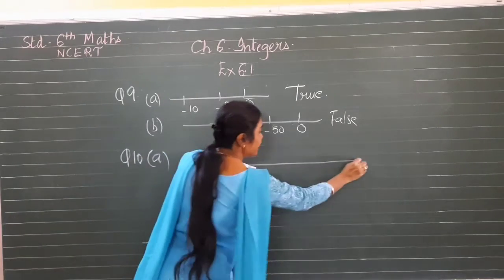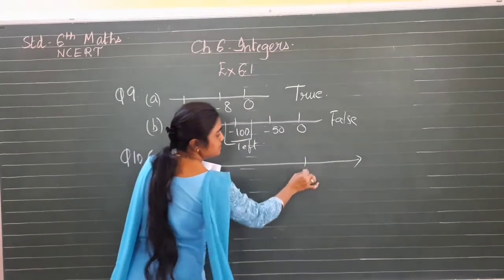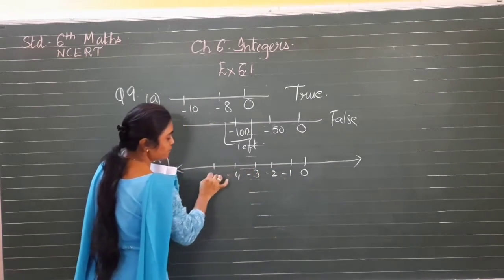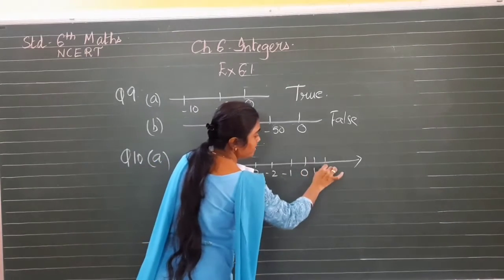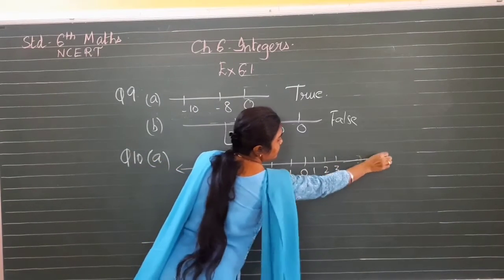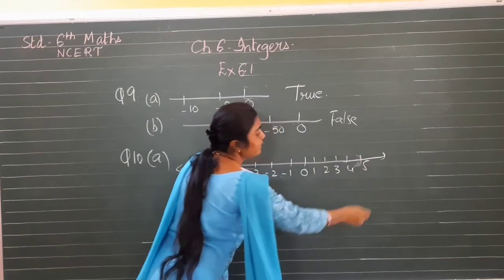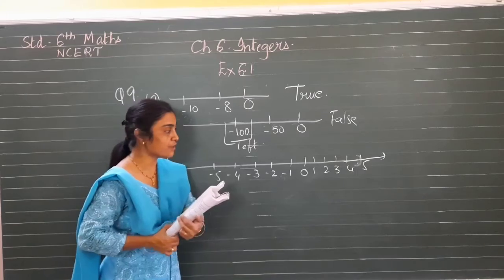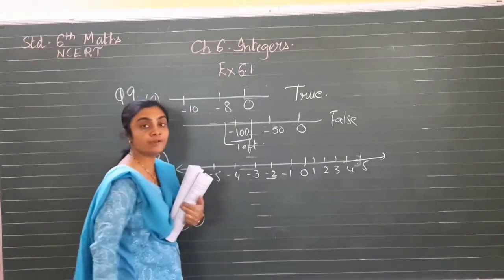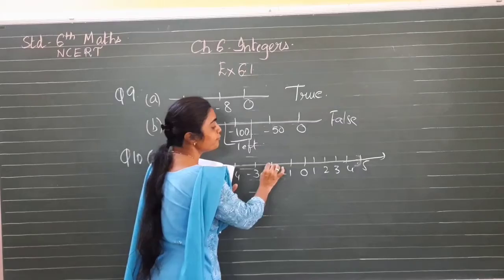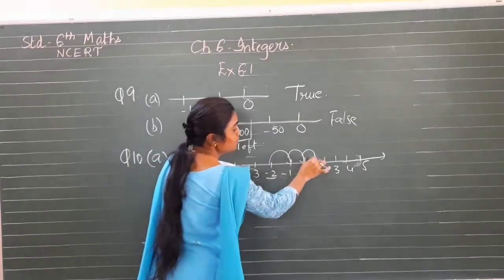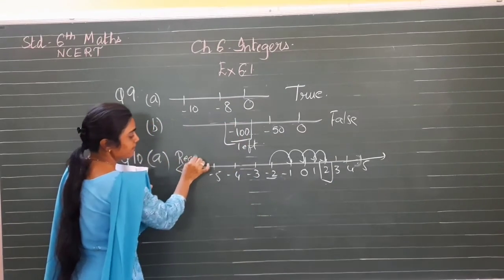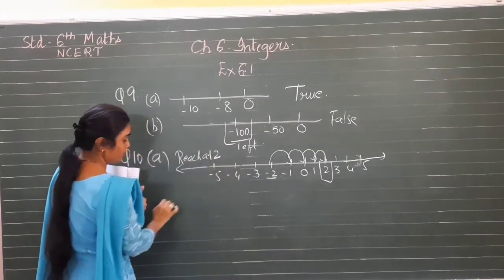Now let us draw a number line: 0, minus 1, minus 2, minus 3, minus 4, minus 5, 1, 2, 3, 4 and 5. This is minus 2, and we have to move to the right-hand side and jump 4 steps: 1, 2, 3, 4. So we will reach 2.